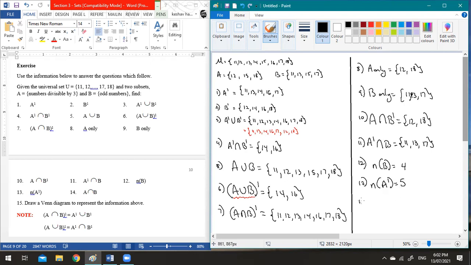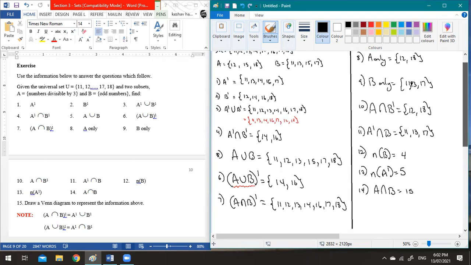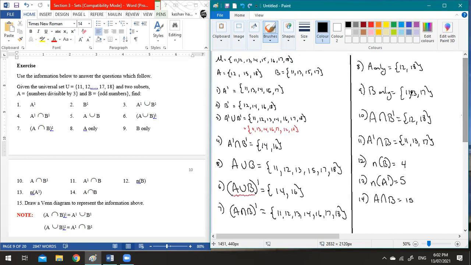And the last thing they want us to write is A intersect B, which we had done in the previous question, and we know it to be 15, right?